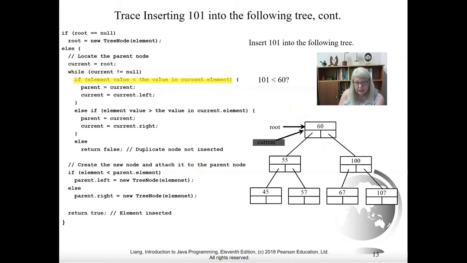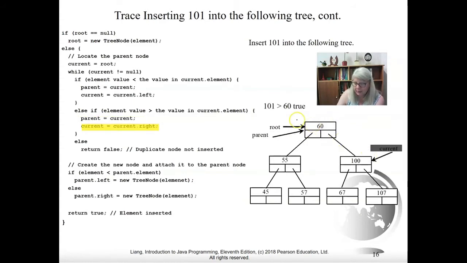If element is smaller than the current element, so is 101 smaller than the 60? No, it's not. So I'm moving to that side. Is it larger? Yes. What's happening? Parent is now also positioning to that 60, but current moves one down. So parent is the previous node and current is there.